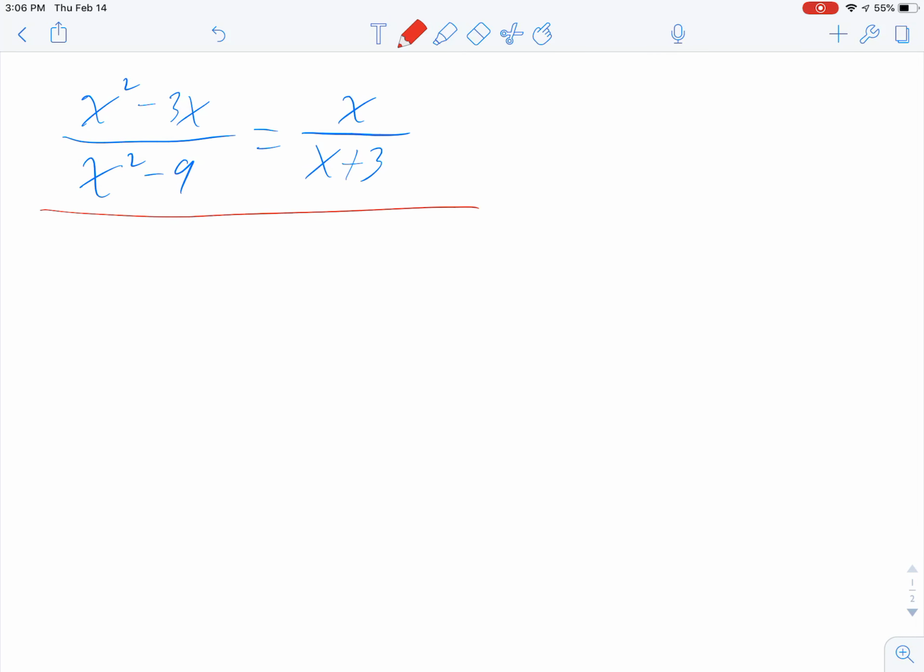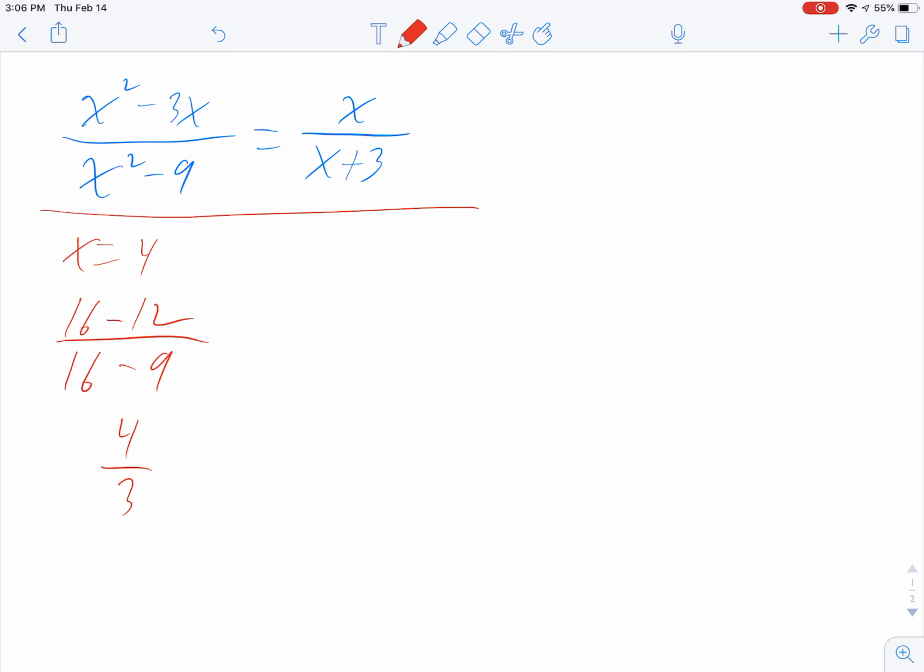We're saying that these two expressions are equal to each other. So if I pick a value for x, I should get the same thing. So let's just pretend x equals, I don't know, let's say 4. On the expression on the left, I'd have 4 squared, which is 16, minus 3 times 4, which is 12. On the bottom, I'd have 4 squared, which is 16, minus 9. And I would get 4 on the top and 3 on the bottom.